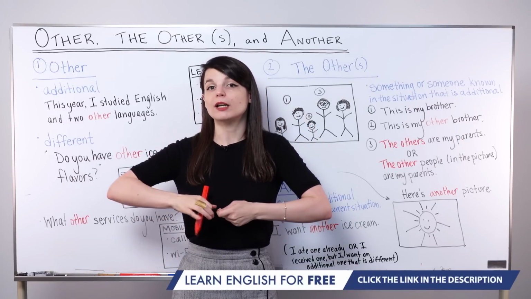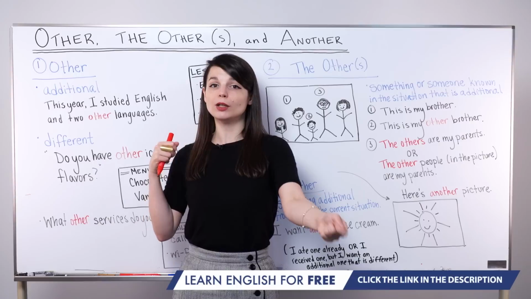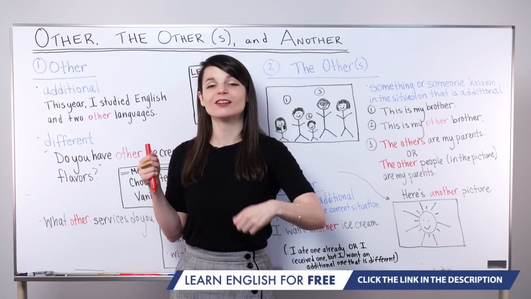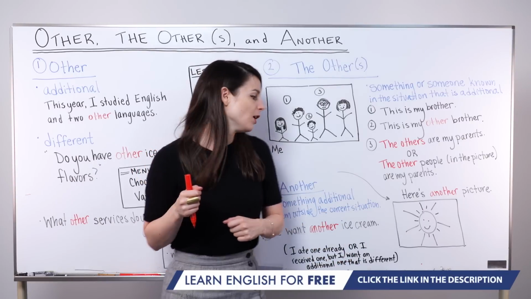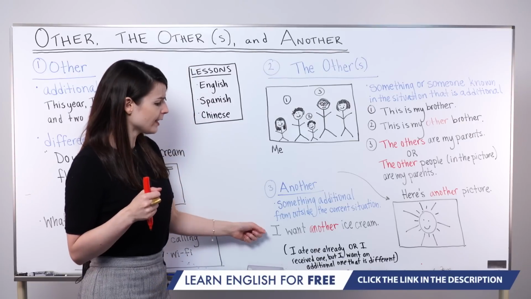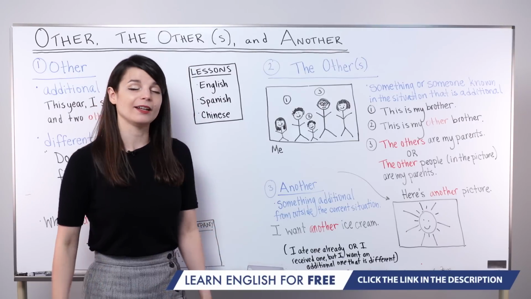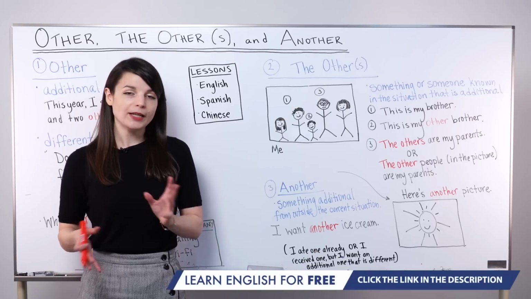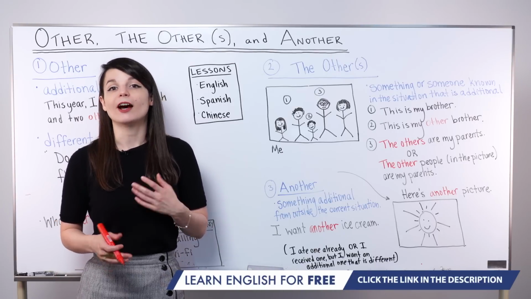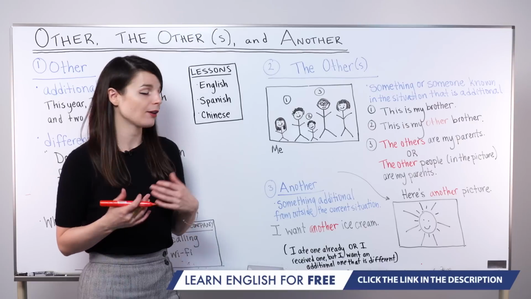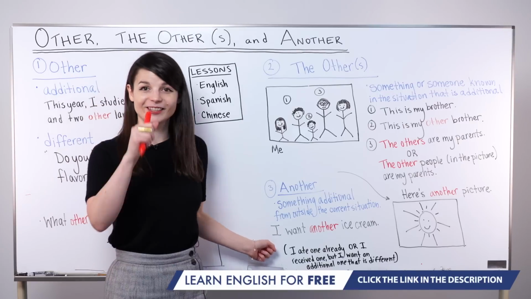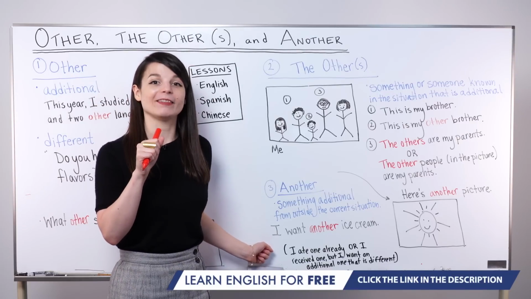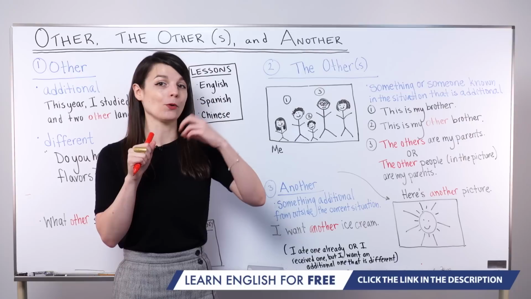If, however, you are introducing something totally new, use "another." Here's another picture. One more example is this sentence. "I want another ice cream." Depending on the situation, this could have two different meanings. The first could be the speaker ate one ice cream already, and the speaker wants to eat one more ice cream.